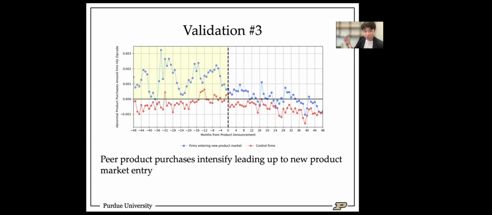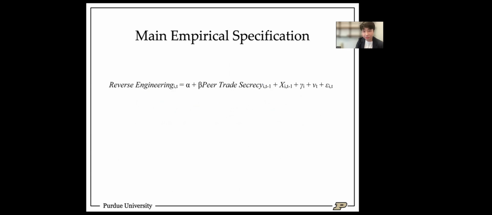And as you see in this figure, that is indeed the case: a lot of these peer product purchases intensify leading up to that new product market entry. So this last evidence suggests that our measure is potentially capturing some level of reverse engineering activity, although with a little bit of noise, as we definitely have to caveat.